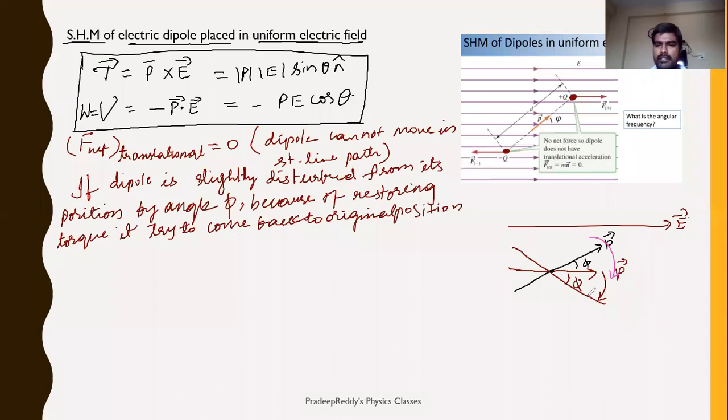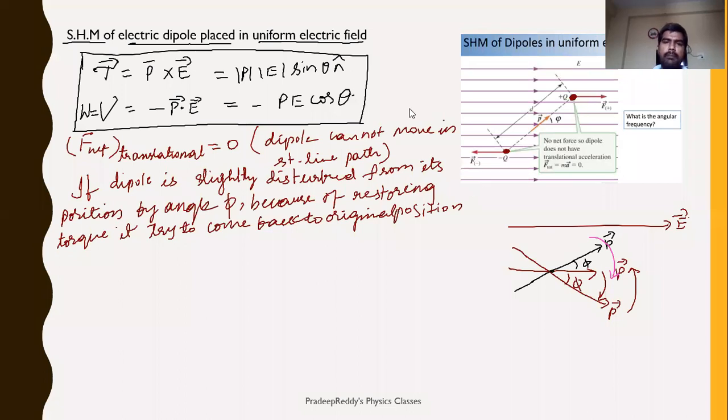Now when it is disturbed again by an angle pi in the downward direction, the restoring torque will bring this dipole vector p bar again to the horizontal position. From the horizontal position, the net torque is equal to 0, but because of inertia of motion, it continues to move up to angle pi, right?